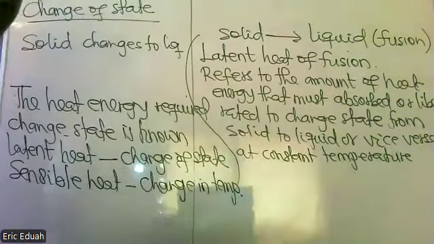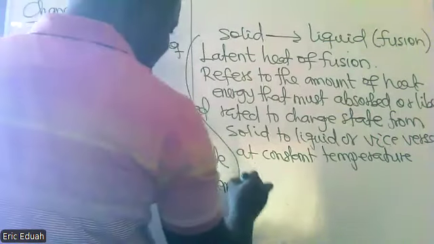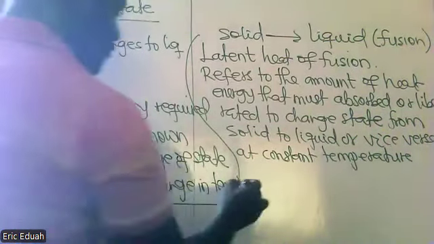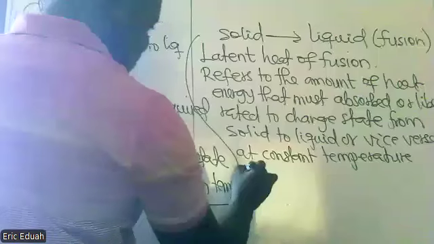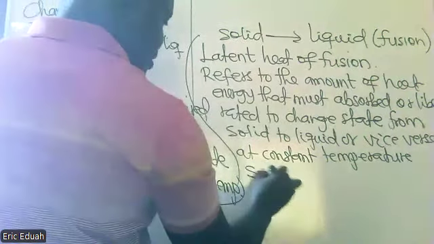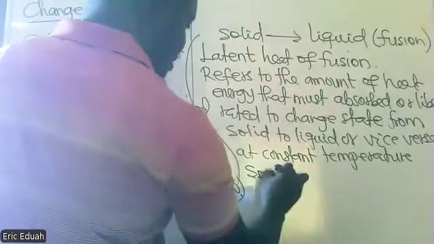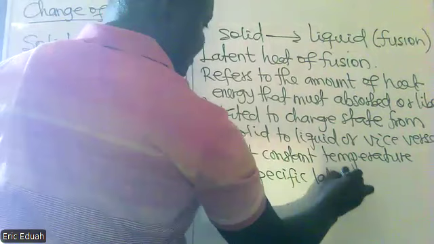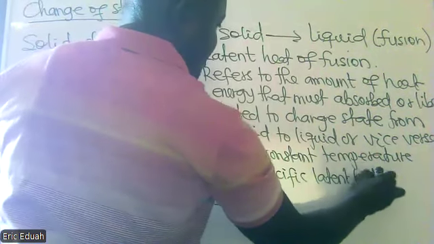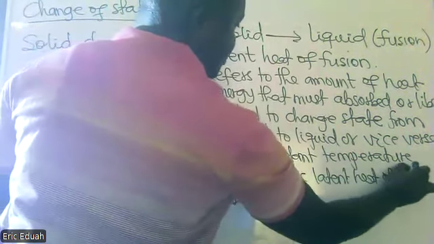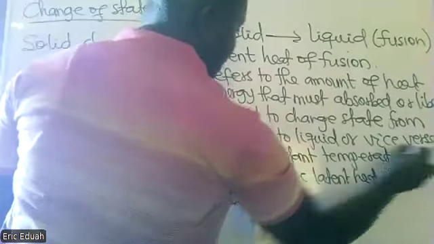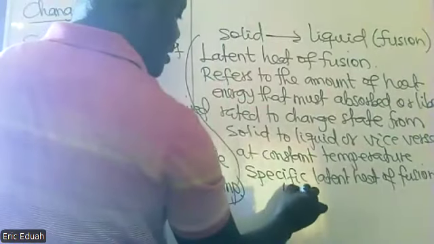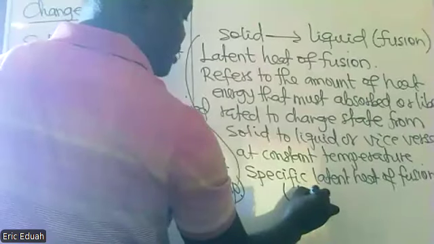So we also talk about specific latent heat of fusion, given by the symbol capital L subscript F.